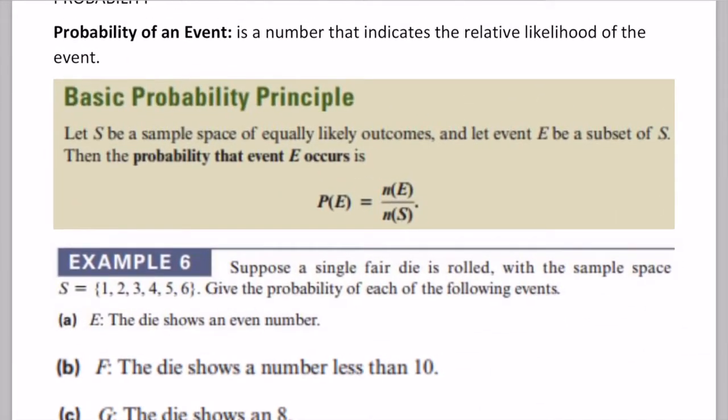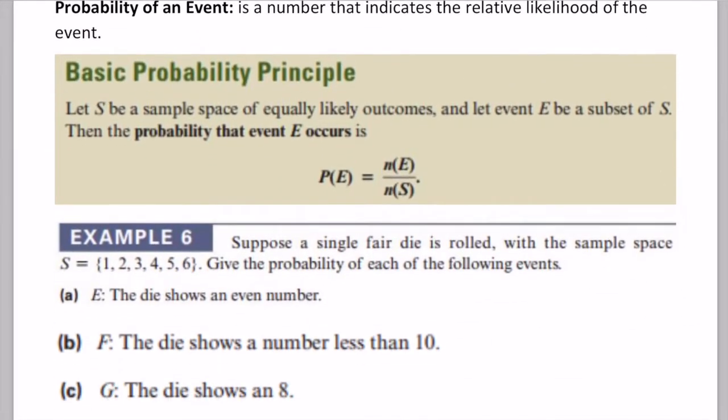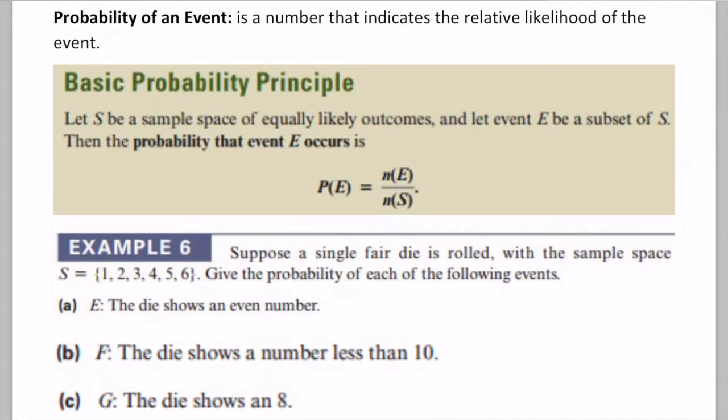Now, probability of an event is a number that indicates the relative likelihood of the event. Basic probability principle, this is really important, okay? Let S be a sample space of equally likely outcomes, and let event E be a subset of S. Then the probability that event E occurs is P(E) equals the number of E over the number of the sample space. So let's see what this means, okay?